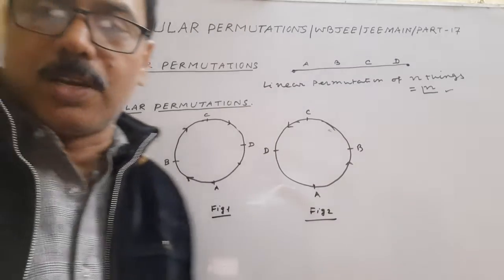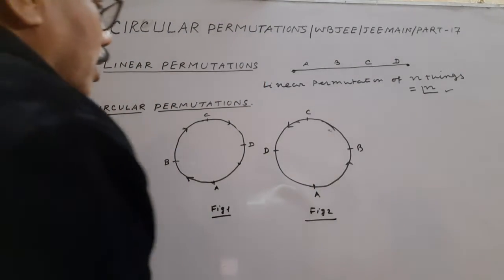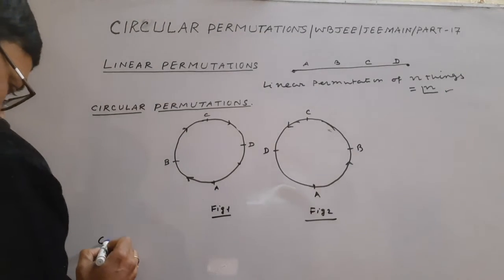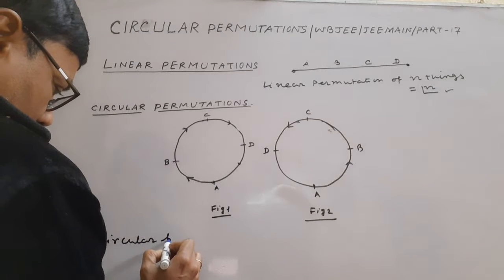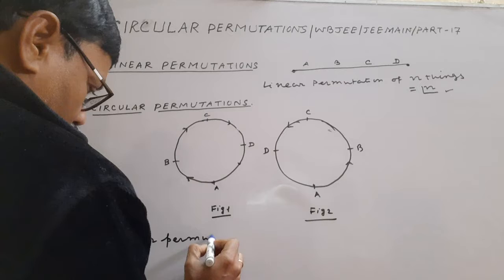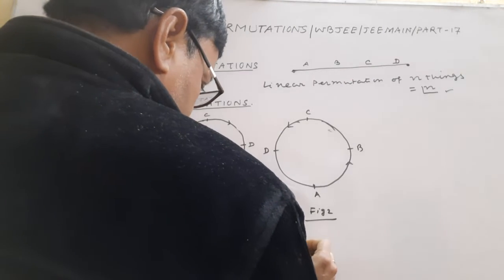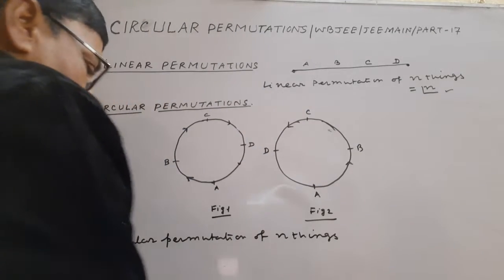So in case of circular permutation, there is no endpoint. So the circular permutation of n things equals factorial n minus 1.